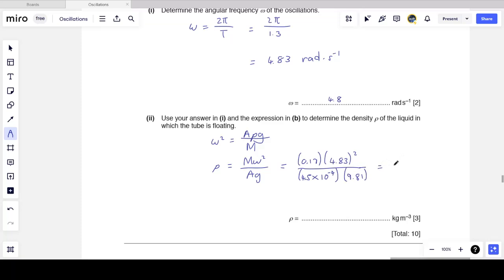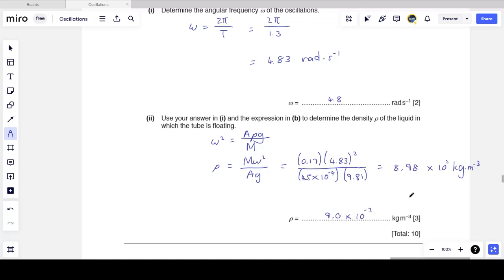And so what I get is 8.98 times 10 to the power 2 kg per cubic meter.